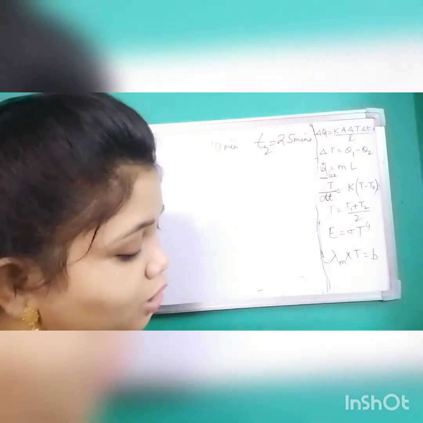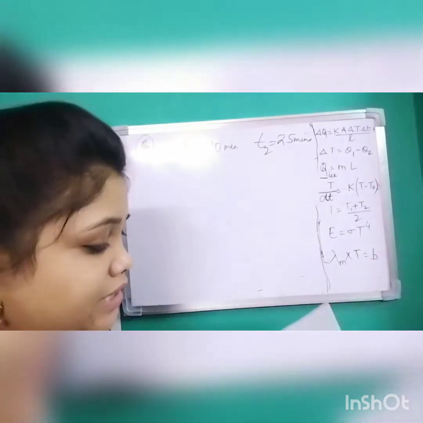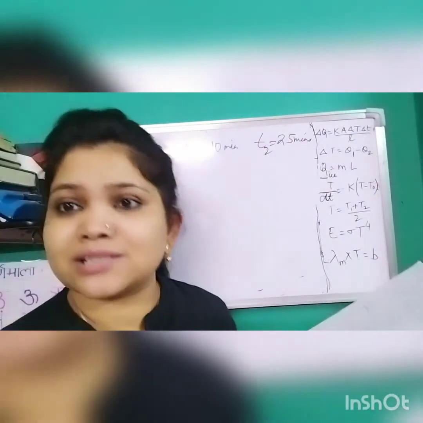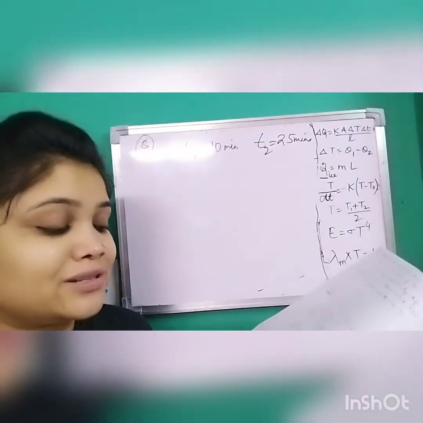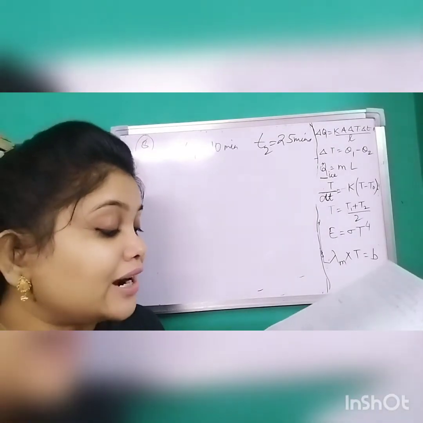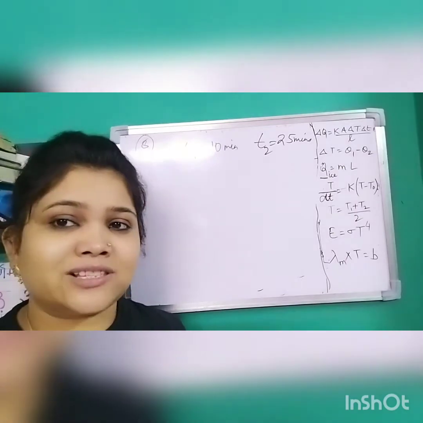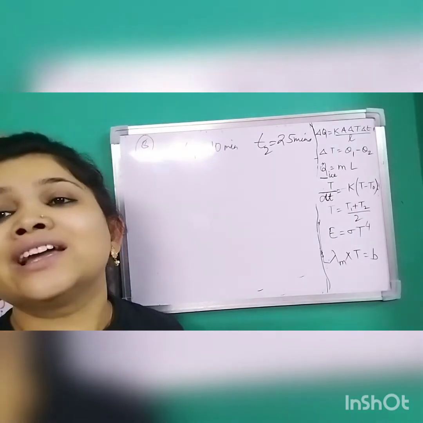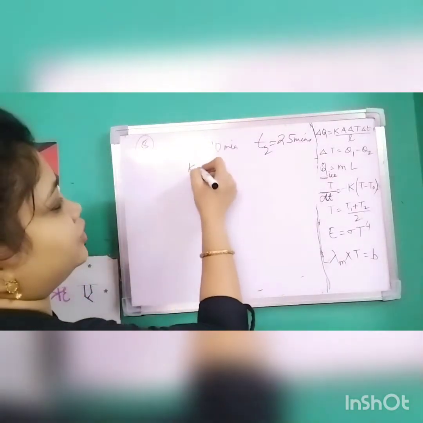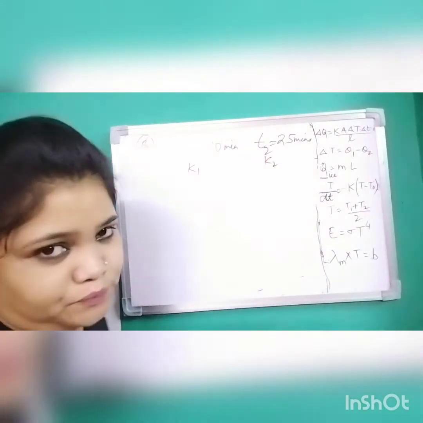So what else is given? Nothing is given. Now, if you read the sum properly, students, two vessels of different materials are identical in size. Different materials means your thermal conductivity will be different. So let me take the conductivity as K1 and here as K2, which we have to find out.